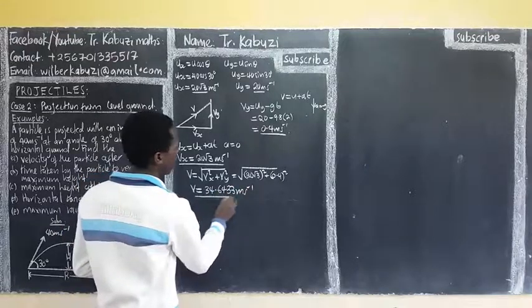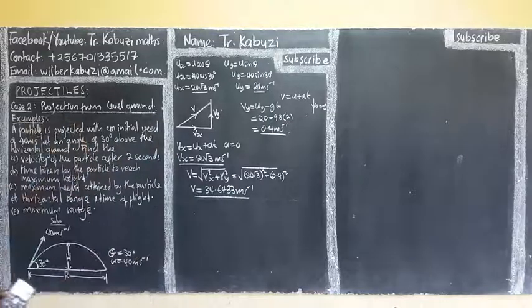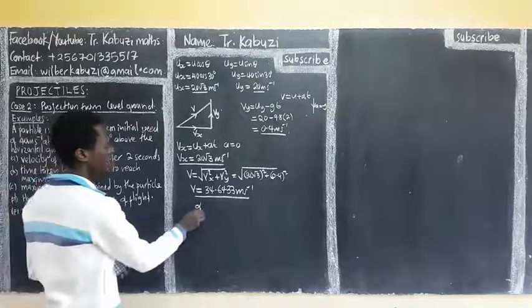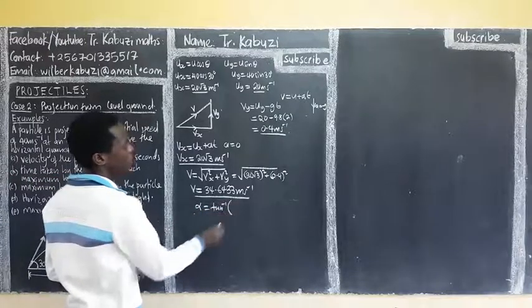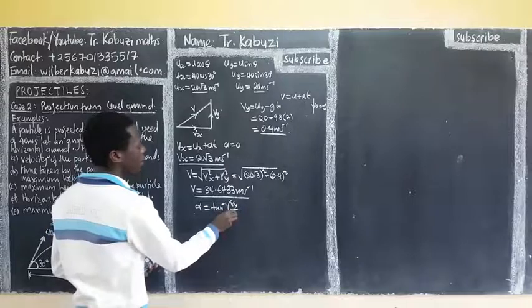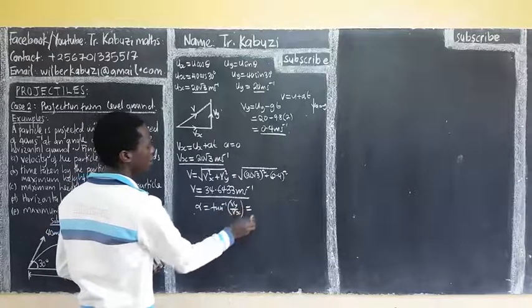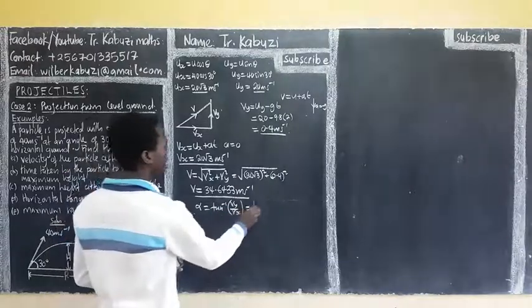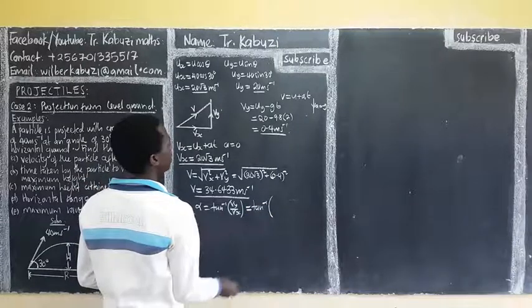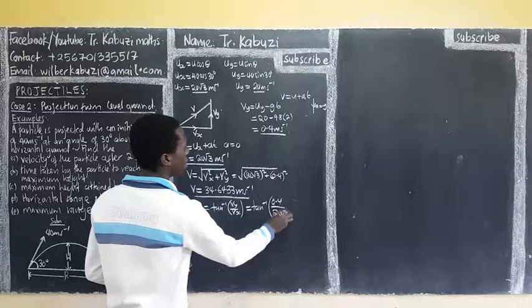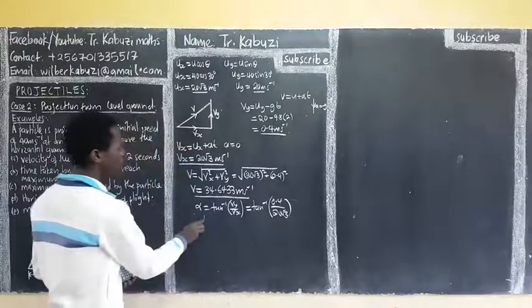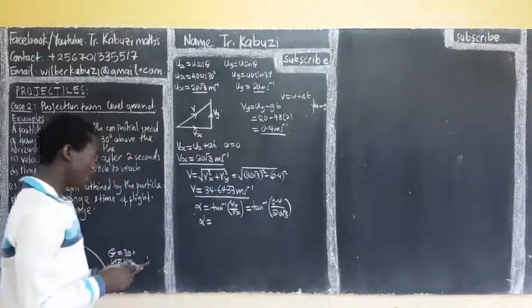So after 2 seconds, that's going to be the velocity of the particle. Its direction alpha is tan inverse of vy over vx, which is tan inverse of 0.4 over 20 root 3.